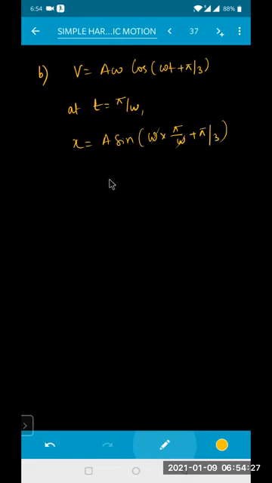So this omega will get cancelled. So this will be equal to A into sine of, this is nothing but how much? 4 pi by 3. So 4 pi by 3, how do you write it, beta? 4 into 180 by 3, that is 720 by 3.